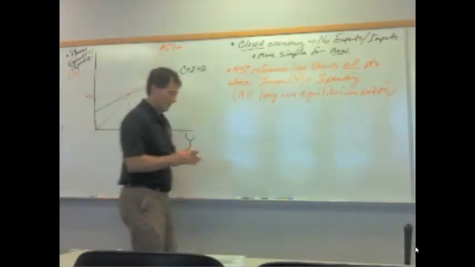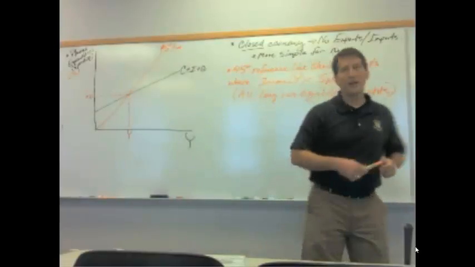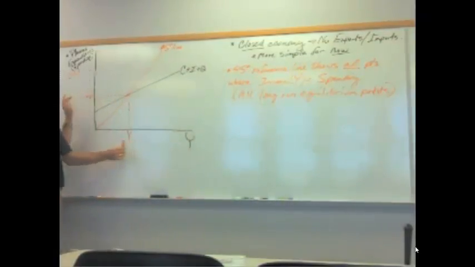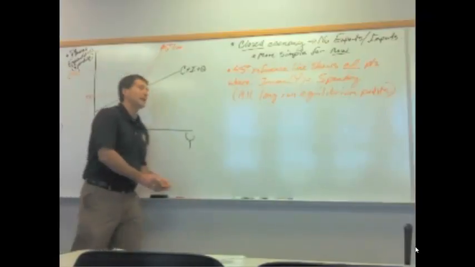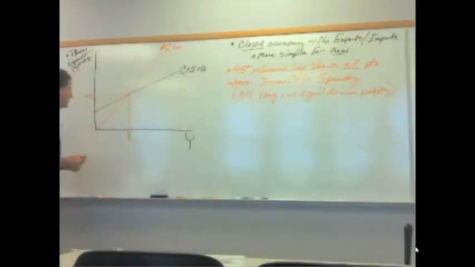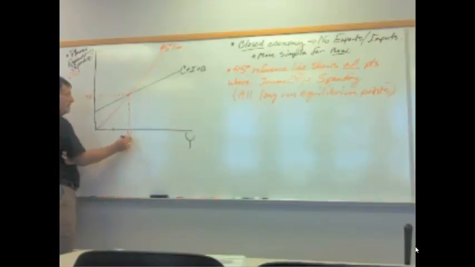Okay, so things are not necessarily in equilibrium. Let's look at some disequilibrium points. What if we're not there? What if the economy is slumping? Let's call this our potential level of real GDP that we've been talking about.